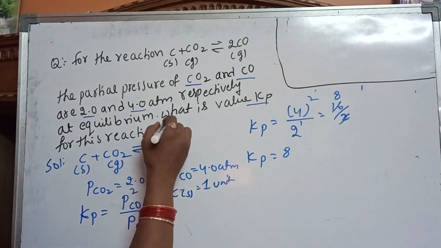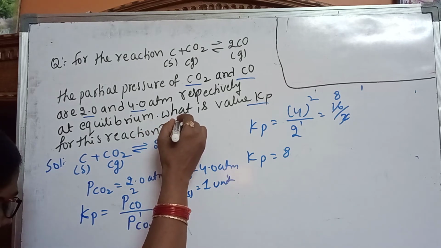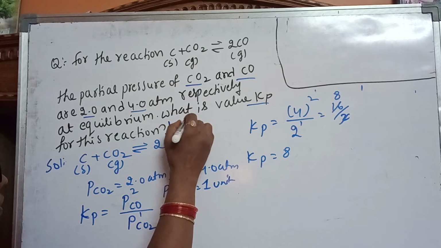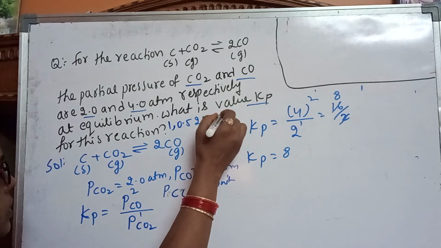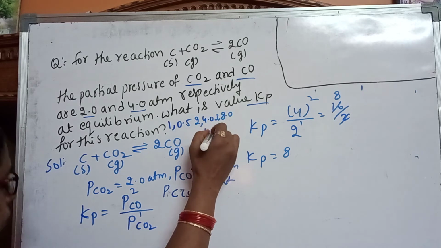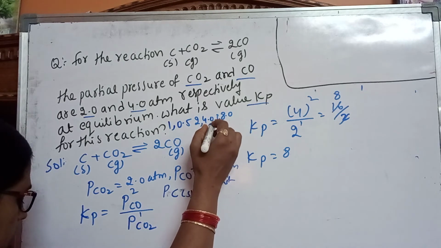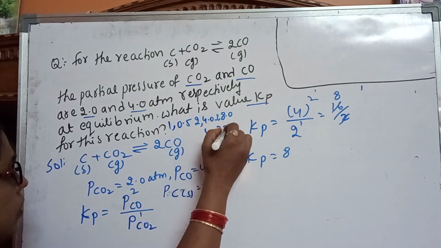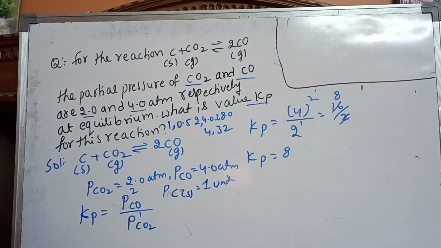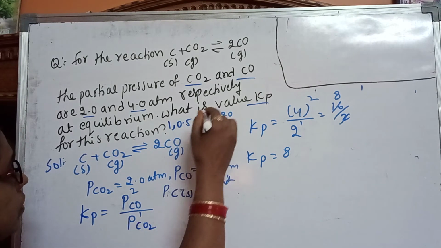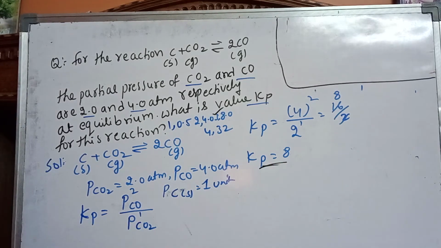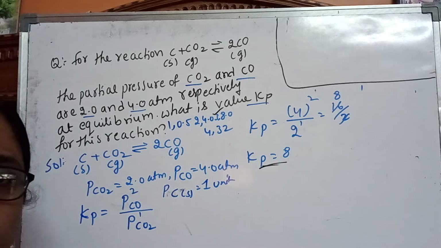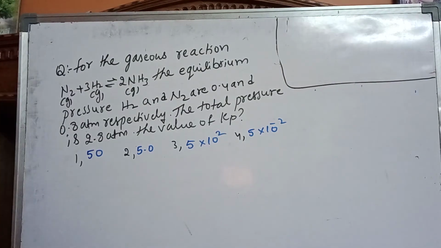For these options, the first option is 0.5, the second option is 4.0, the third option is 8.0, and the fourth option is 32. So which one is the correct answer? 8.0. Okay, so this is another example of calculation of Kp.